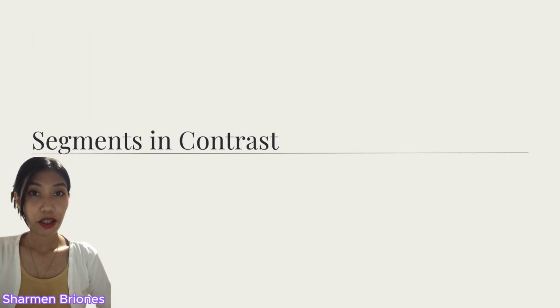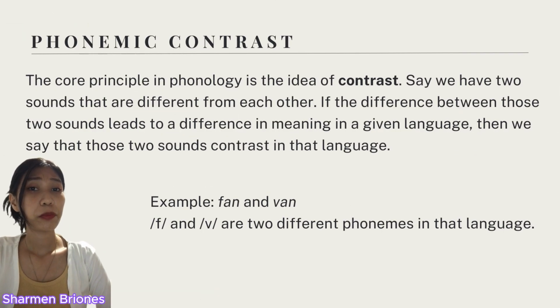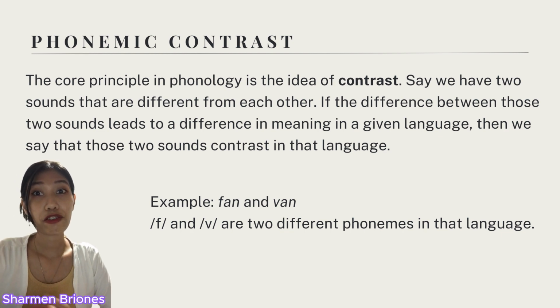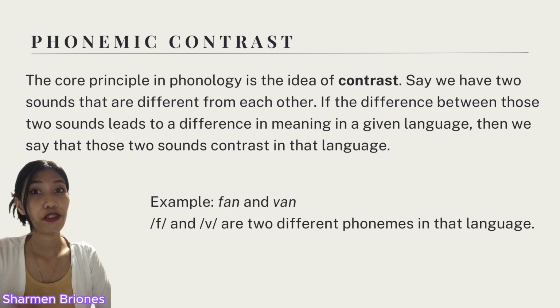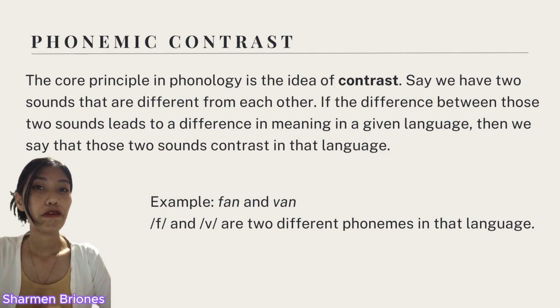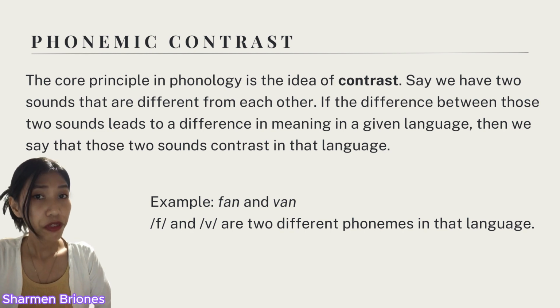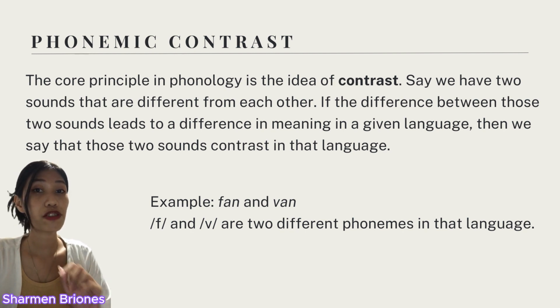So, segments in contrast. The core principle in phonology is the idea of contrast, meaning strikingly different, contrastive. Say we have two sounds that are different from each other. If the difference between those two sounds leads to a difference in meaning in a given language, then we say that those two sounds contrast in that language.